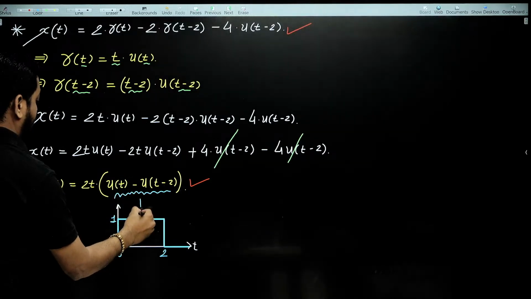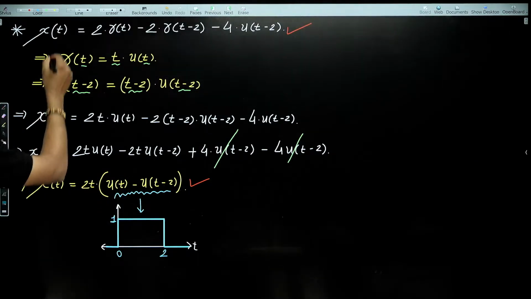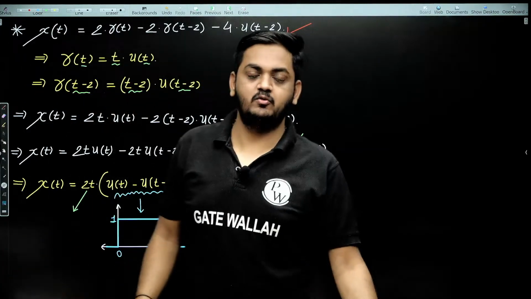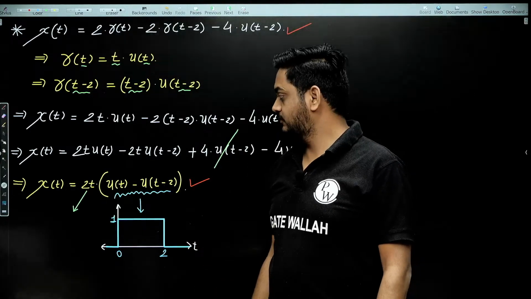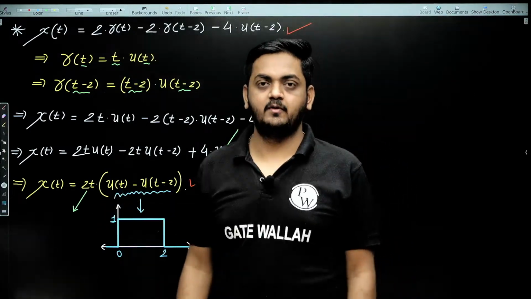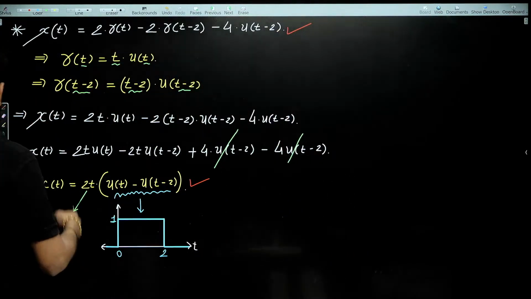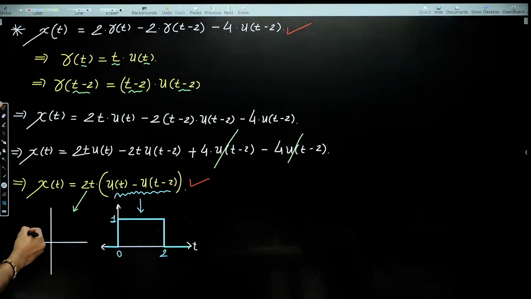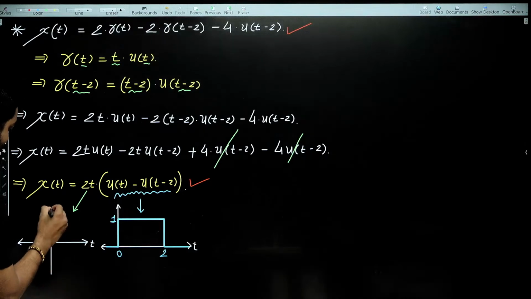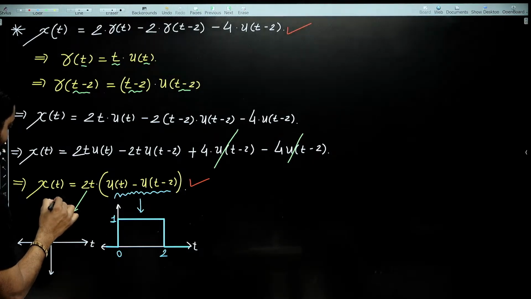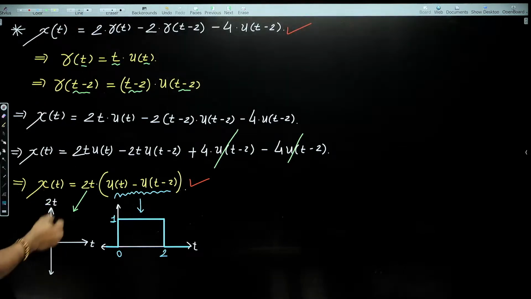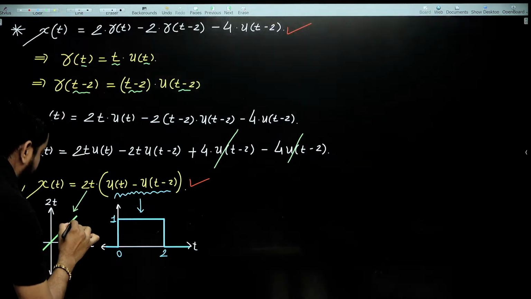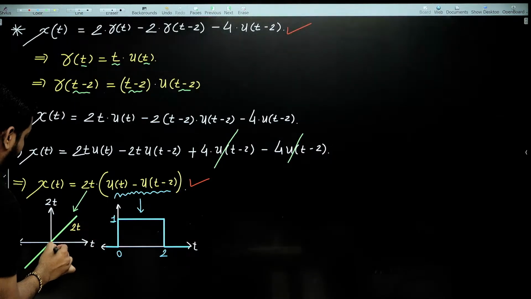Now 2t is nothing but y equal to mx plus c, where c equal to 0 and the slope is 2, guys. A straight line passing through the origin, guys. This is nothing but 2t, the straight line passing through the origin with a slope. Can we say like this?